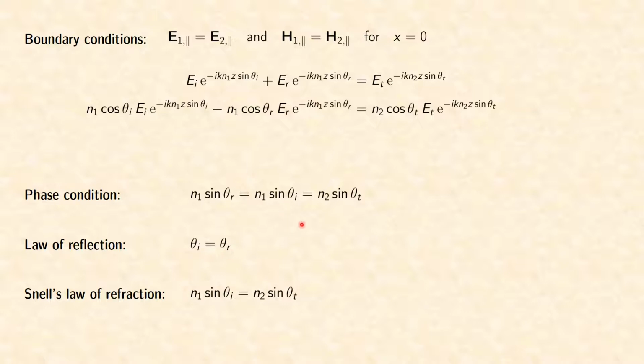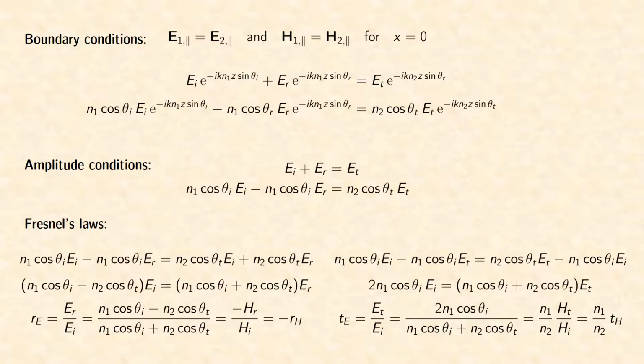And the second condition is given by this equation, and this is actually the well-known Snell's law of refraction, which is shown here. So we found that the phase condition fixed the direction of propagation for the reflected and the transmitted wave.